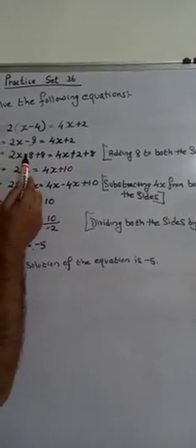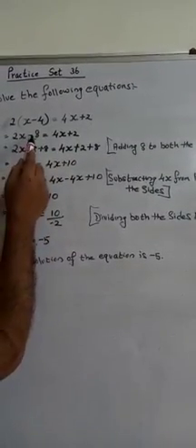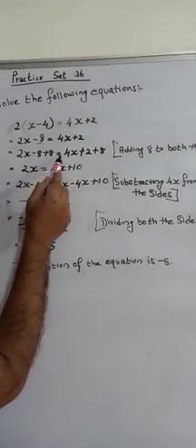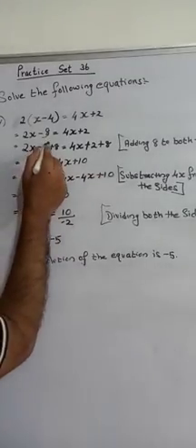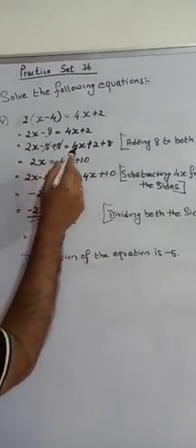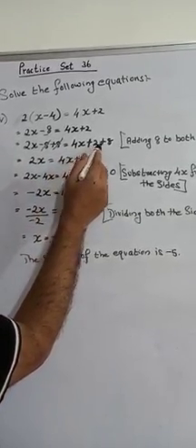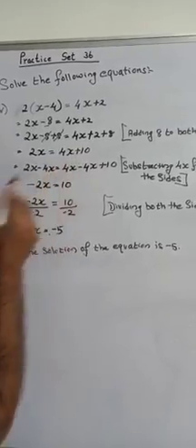So it is 2x minus 8 plus 8 is equal to 4x plus 2 plus 8. Now minus 8 and plus 8 get cut. So what's left? 2x is equal to 4x plus 2 plus 8, that comes up to 10. So 2x is equal to 4x plus 10.